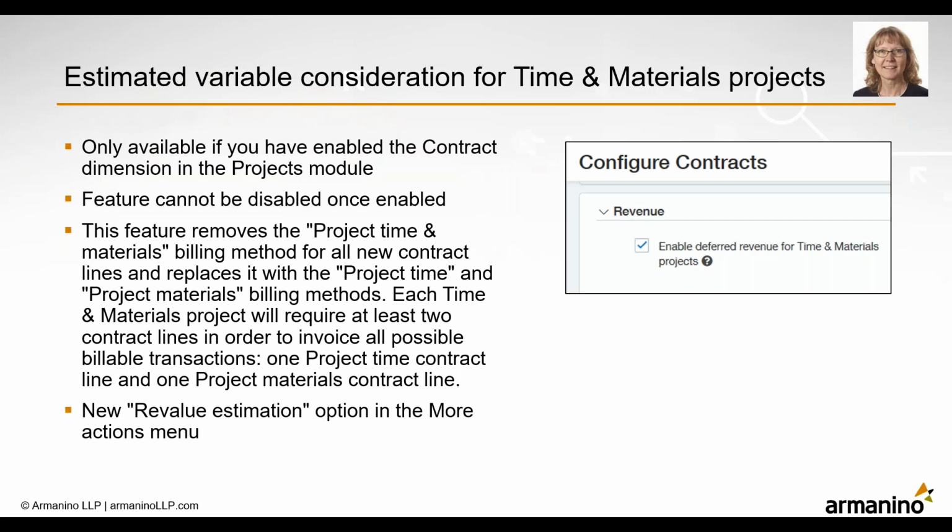If you use those options, if you turn this on, then each time that you do a time and material project, you will be required to do 2 contract lines in order to invoice all possible billable transactions. Okay. And there is a new revalue estimation option in the More Actions menu. I should have put a screenshot of that there, apologize. But the revalue estimation is a new option then related to this as well.